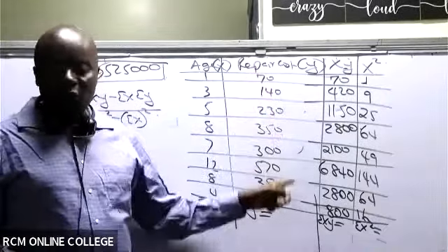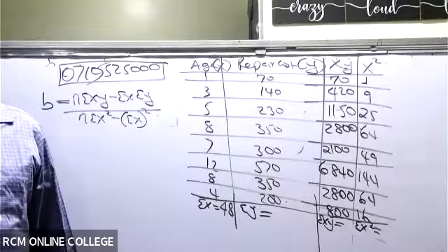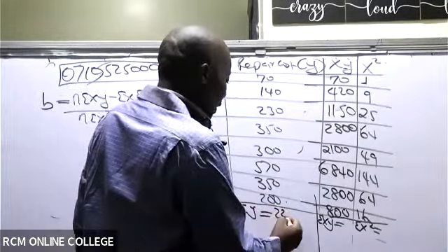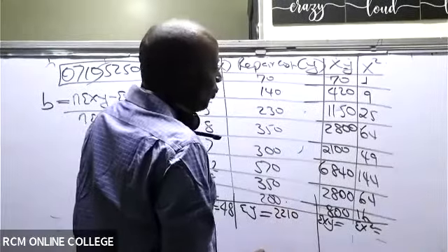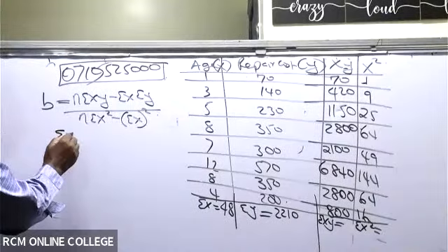How about the summation of y? Do we have anybody who could be having the summation of y? 2210. So this is 2210. How about the summation of xy? Can somebody give me that summation of xy?